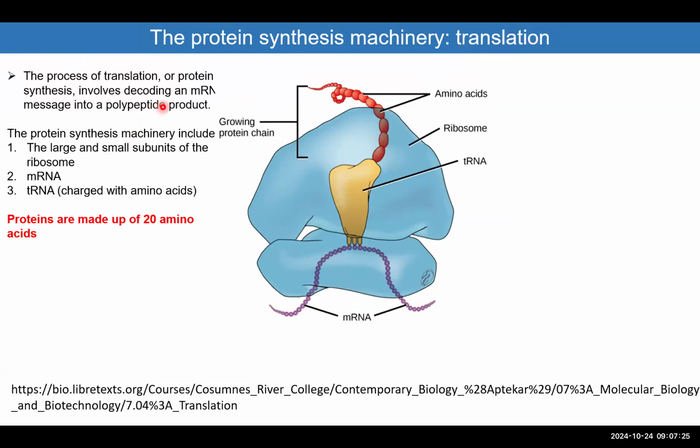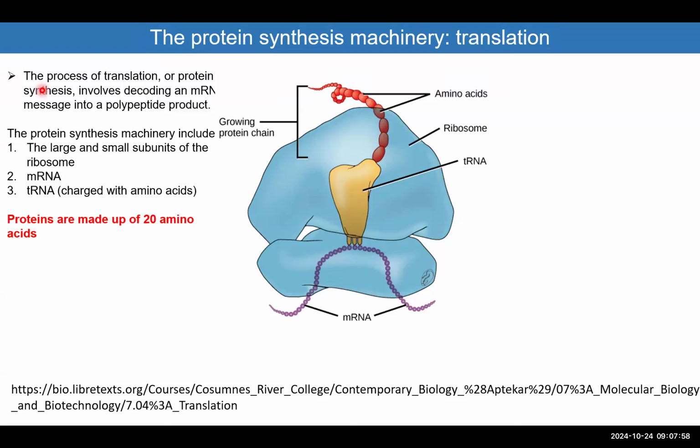In this process, we read the codes of the messenger RNA and translate them into a polypeptide, which is a group of amino acids. So we need first the mature messenger RNA, a transfer RNA, which I will describe in a second, the machinery, which is the ribosomes, and of course the individual amino acids.